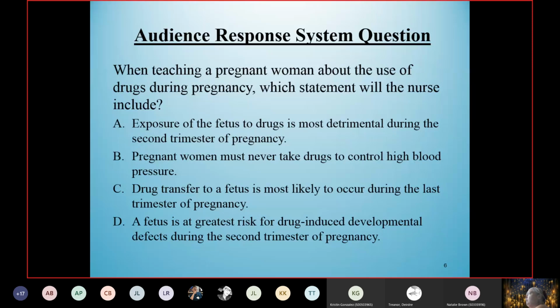It is C. Drug transfer is most likely during the last trimester because of enhanced blood flow to the fetus, increased fetal surface area, and increased amounts of free drug in the mother's own circulation.